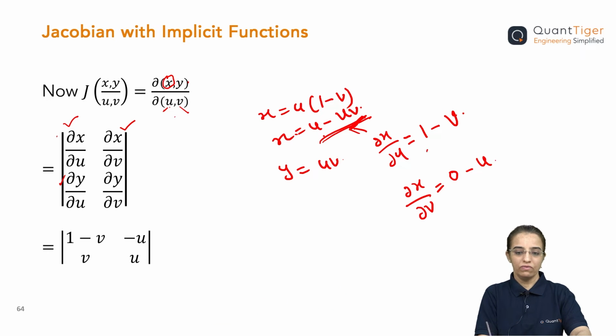This value I have placed in the first row. Del x by del u I got 1 minus v, and del x by del v I got minus u. Now similarly, if I differentiate y with respect to u, I will get v, and if I differentiate it with respect to v, I will get u.